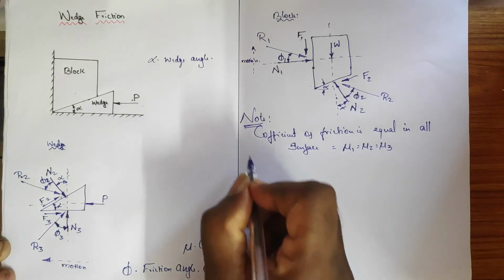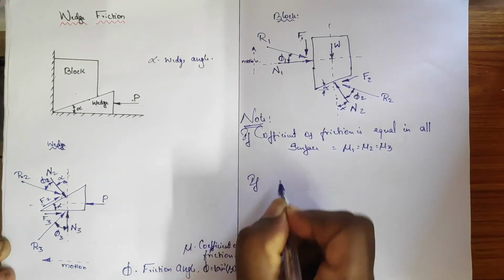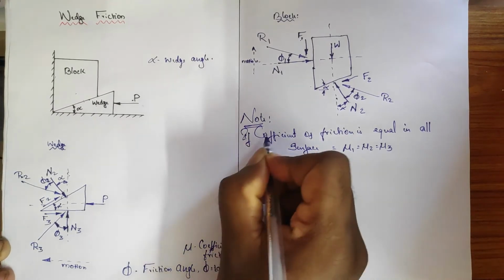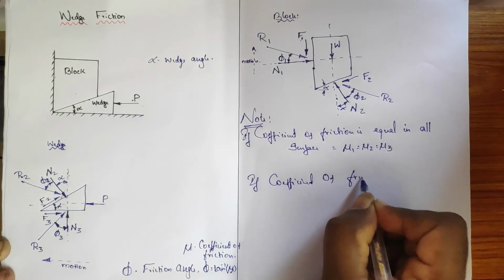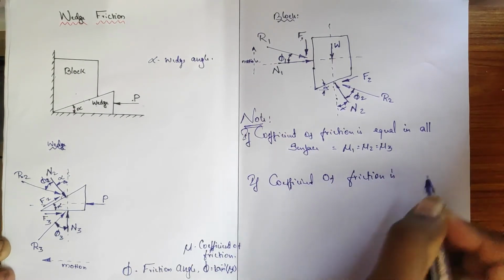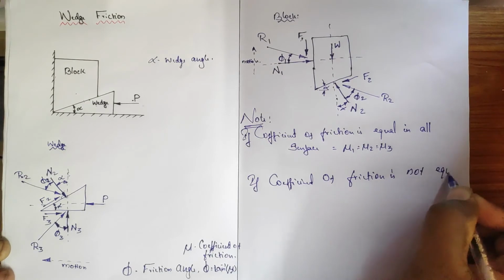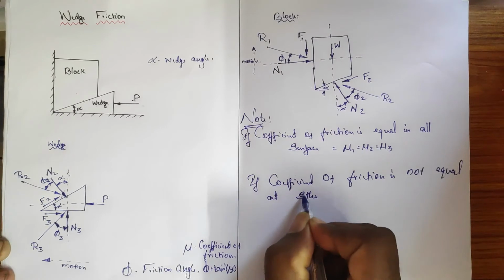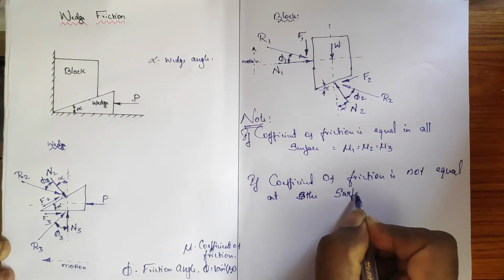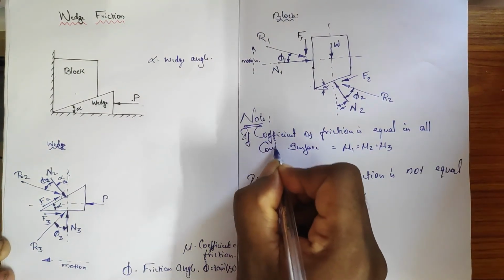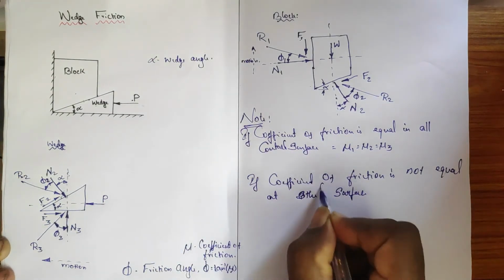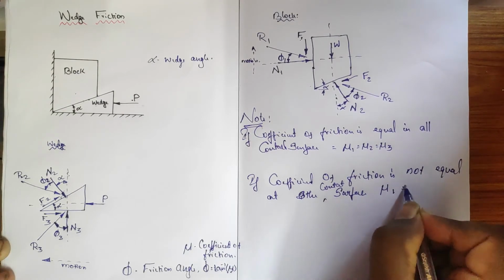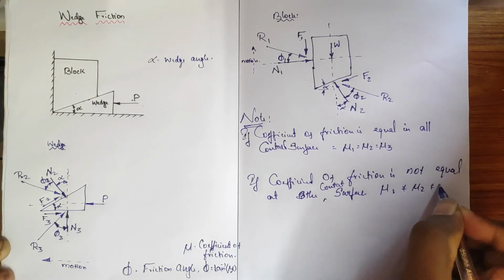If the coefficient of friction is not equal at the contact surface, okay, then mu1 will be not equal to mu2, not equal to mu3.